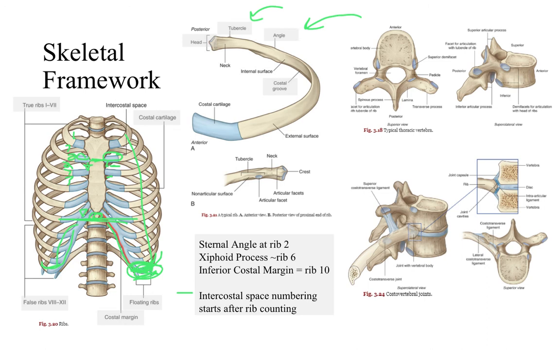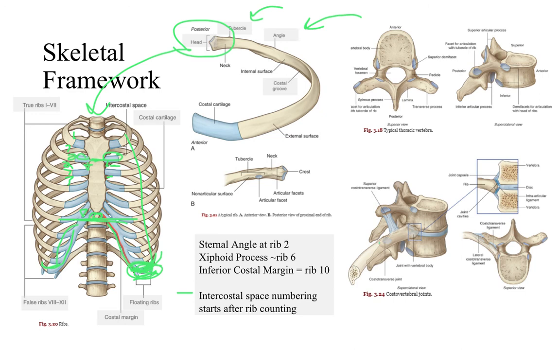As far as connections go, the head of the rib is always what's connected to the vertebrae. All right, so here you see the ribs connected to the vertebrae, or more specifically, the head of the rib connected to the vertebrae. And I want you to notice that the attachment of the ribs is between two vertebrae.